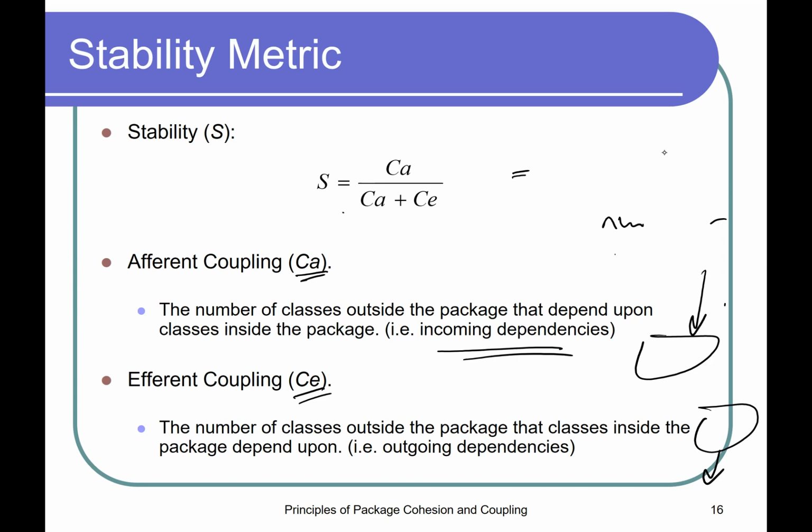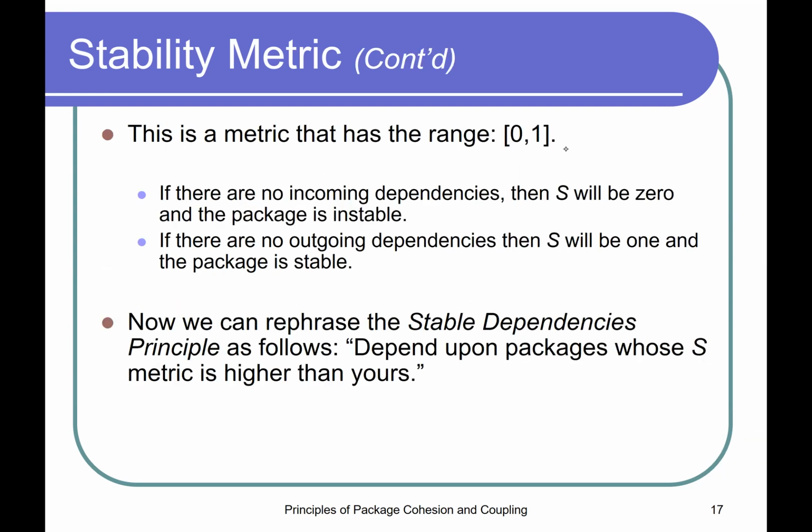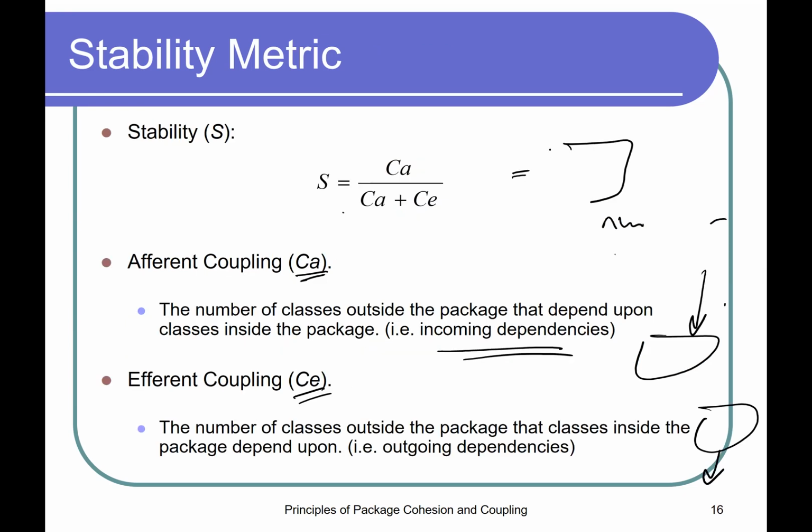It's a percentage, which is why it cannot be 2. It cannot be 200%. So guys, in case what's going out is very high and what's coming in is very low, what would be the number computed?